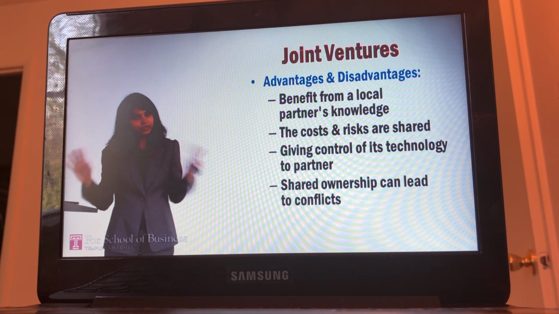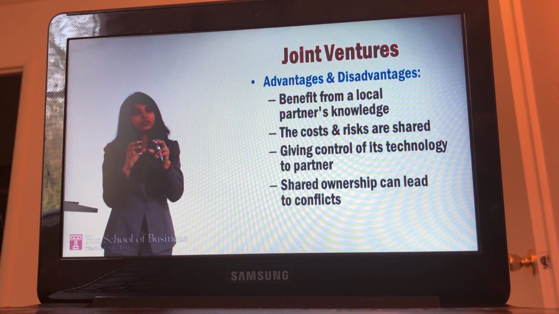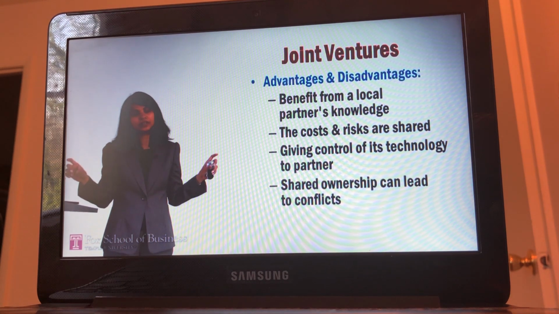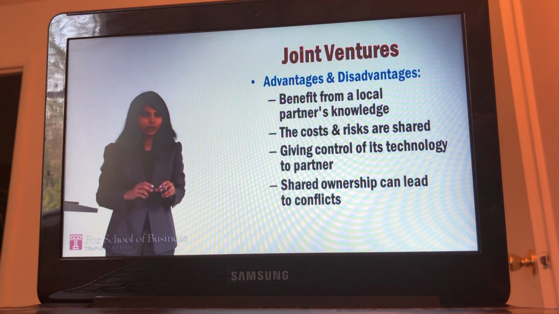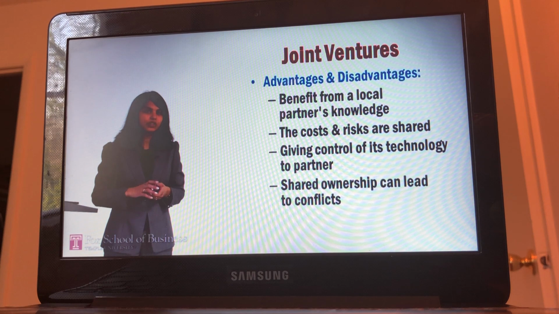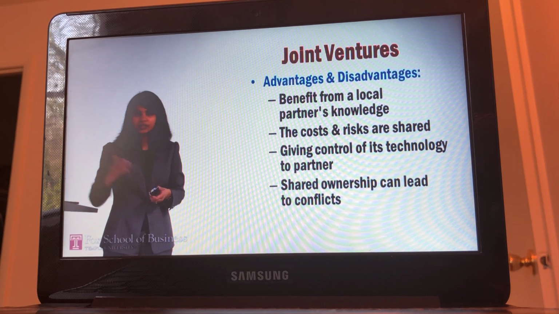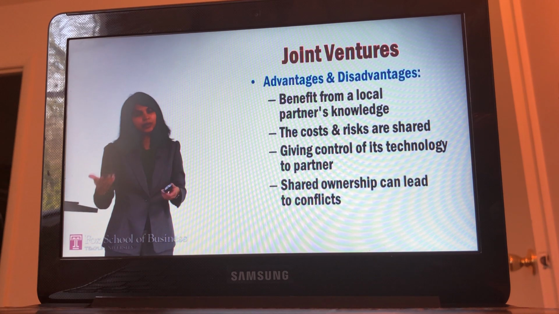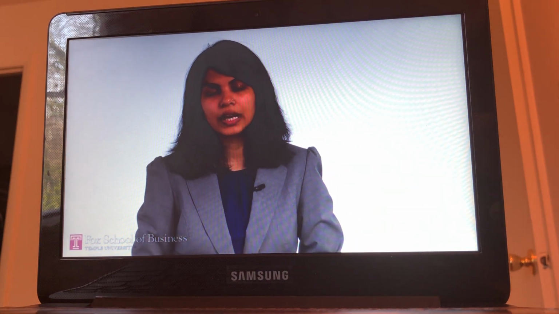They have formed a joint venture known as Fuji Xerox, and each of these parent firms has 50-50 ownership in that joint venture, this new firm. Most joint ventures are actually 50-50 partnerships, but there are many joint ventures which can have unequal partnerships, such as 40-60 or 70-30, depending on the agreement between the two different firms.